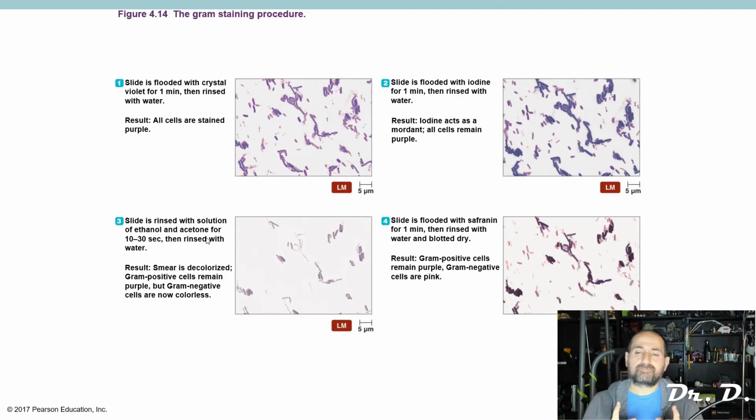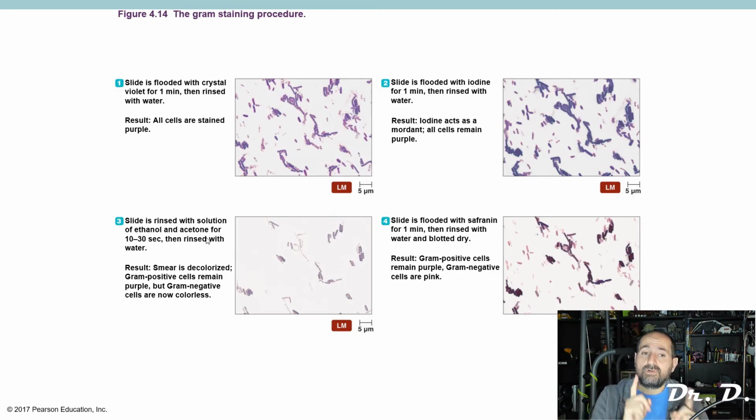But guess what? Here's where the differential part of this differential stain process works. All the cells stained purple, right? And now you're adding ethanol and acetone to wash the purple out of the cells.